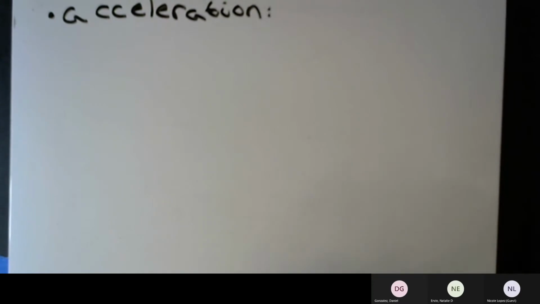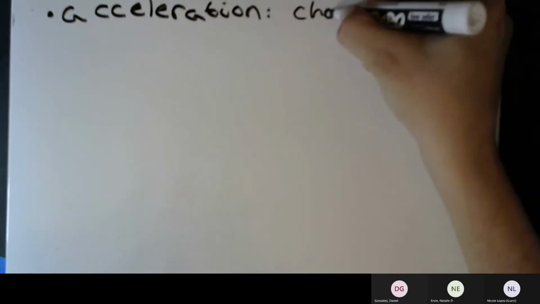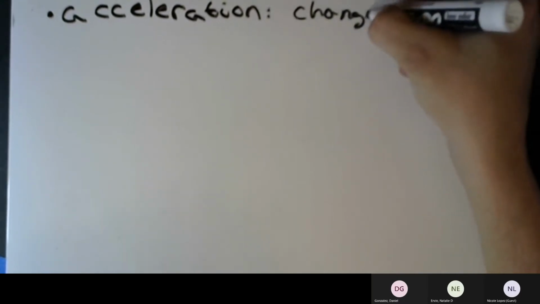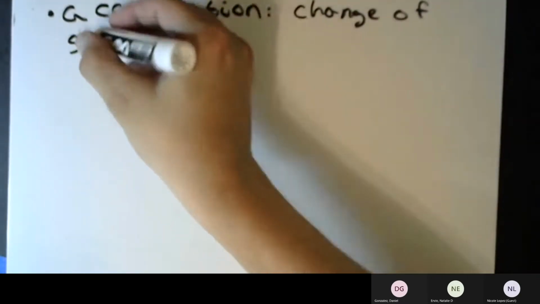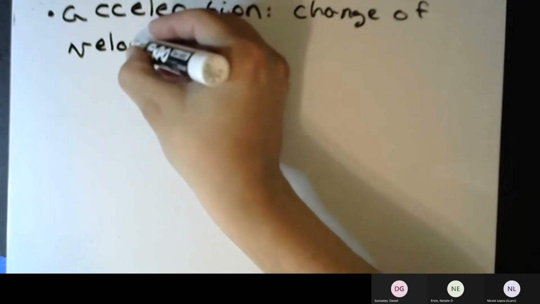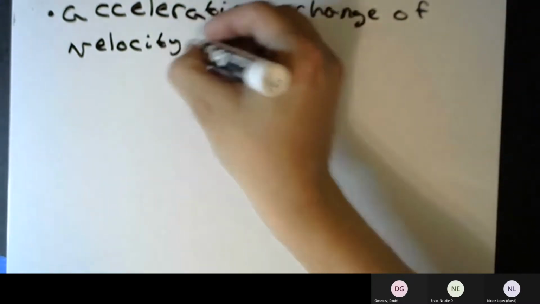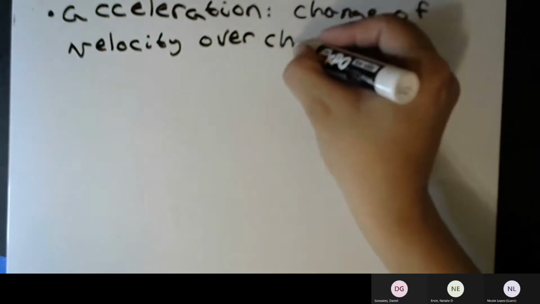If velocity is measuring the change in position over time, or the displacement over time, acceleration is the change of speed, or velocity, I should say, over change in time.